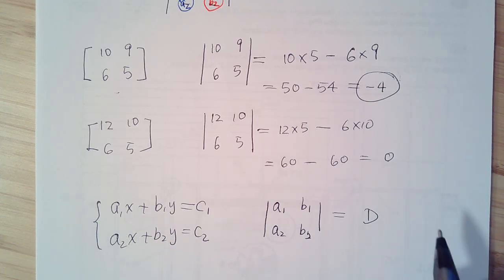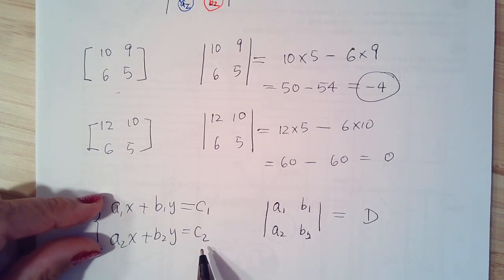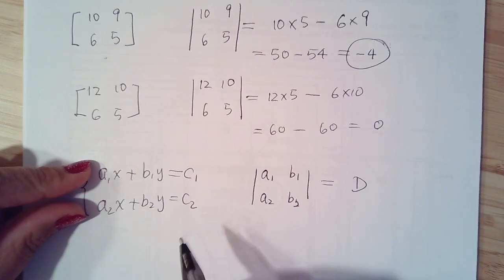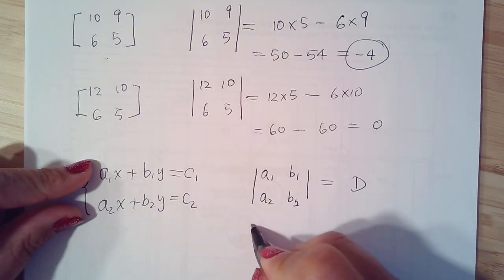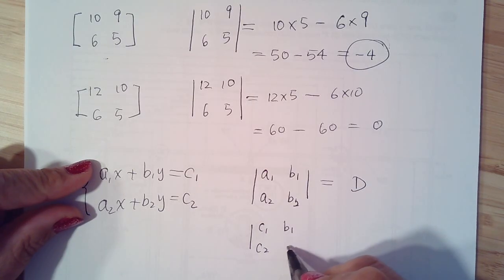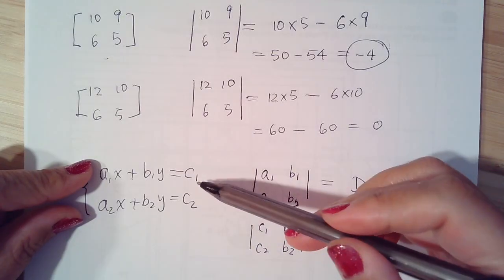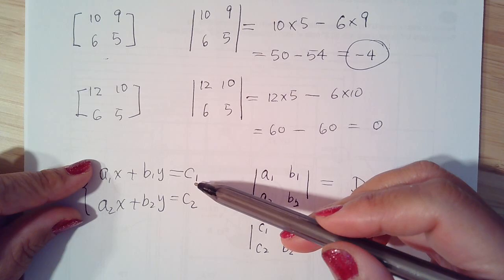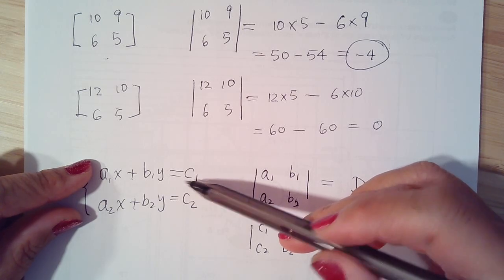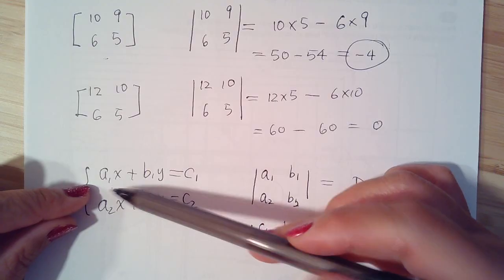And then watch. For the next one, I am going to use C1 and C2 to replace A1 and A2, and keep B1, B2. Because you're using the constant terms, the C terms, to replace the A column.